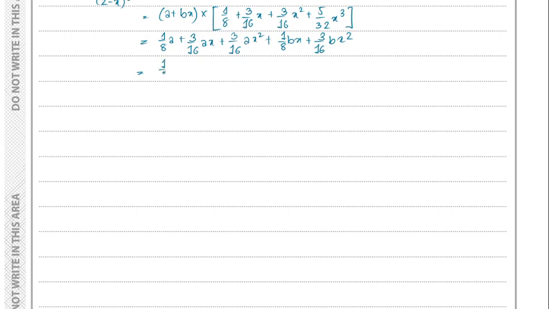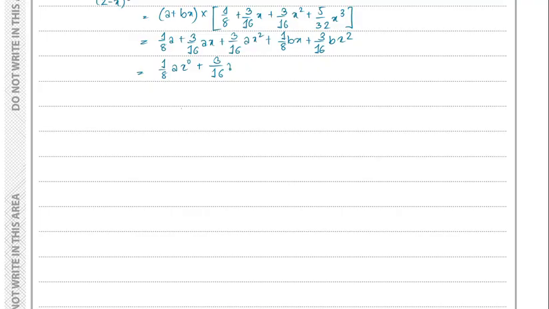So if I rearrange this, 1 by 8a is actually with x to the power 0. We don't write it because anything to the power 0 is 1, but I'm writing this for you to understand it better, and we need it in the next part as well.